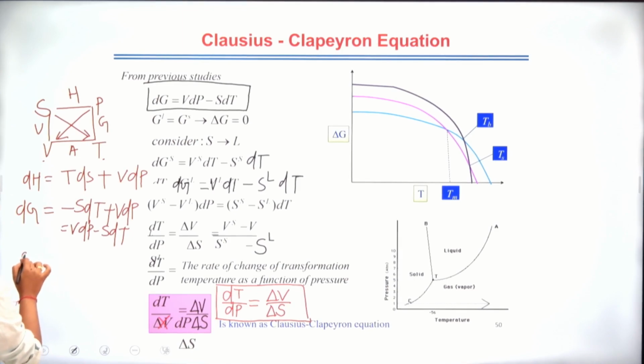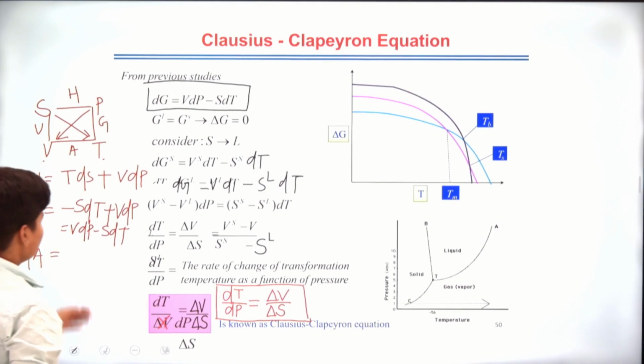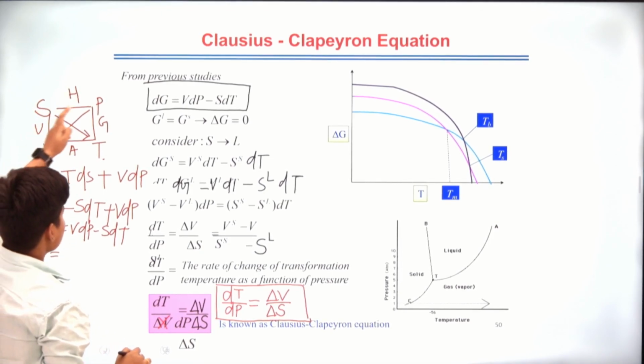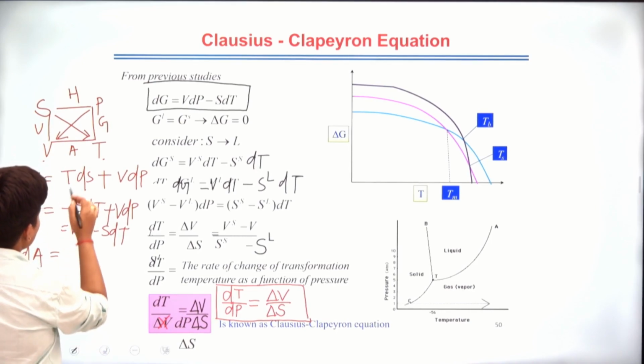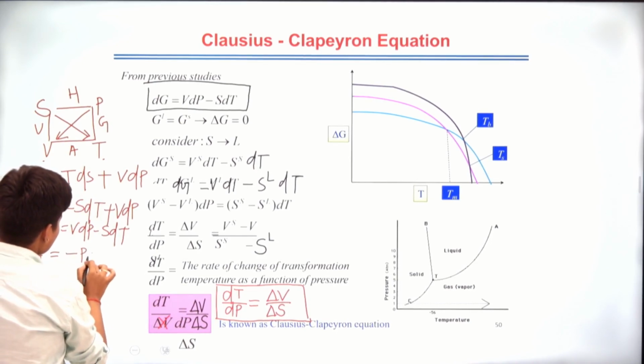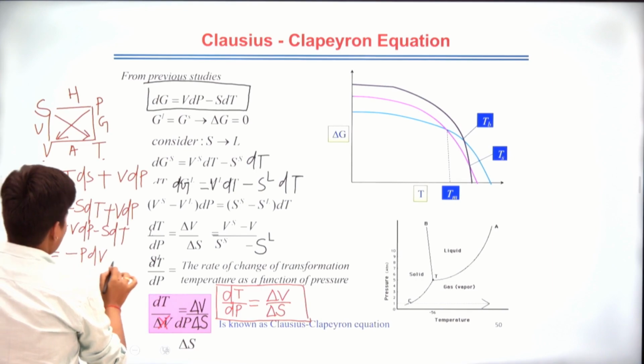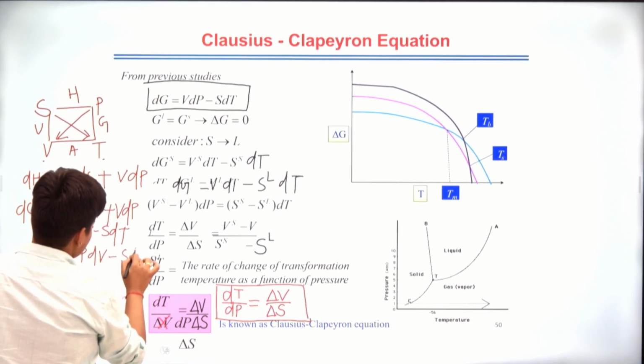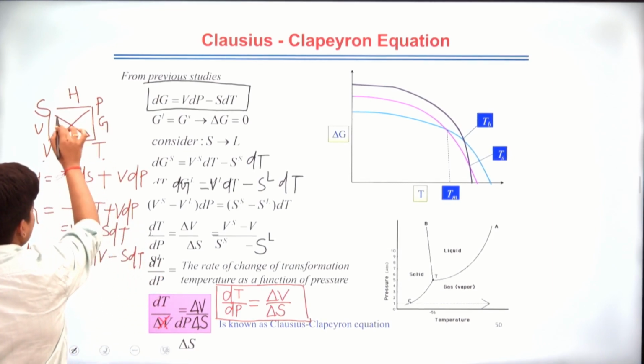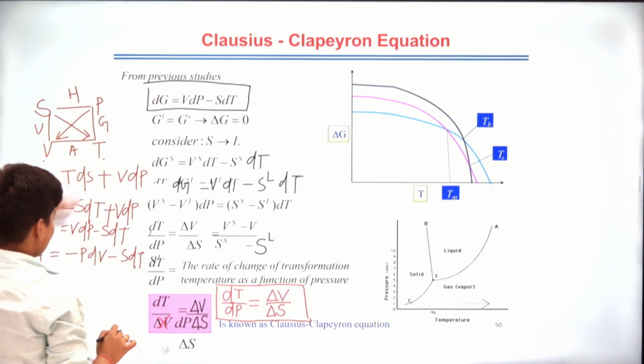Now the third one is dA. For dA, the opposite corners are S and P. So it will be minus P dV and minus S dT, because the two are opposite to the head, so it will be in minus form.